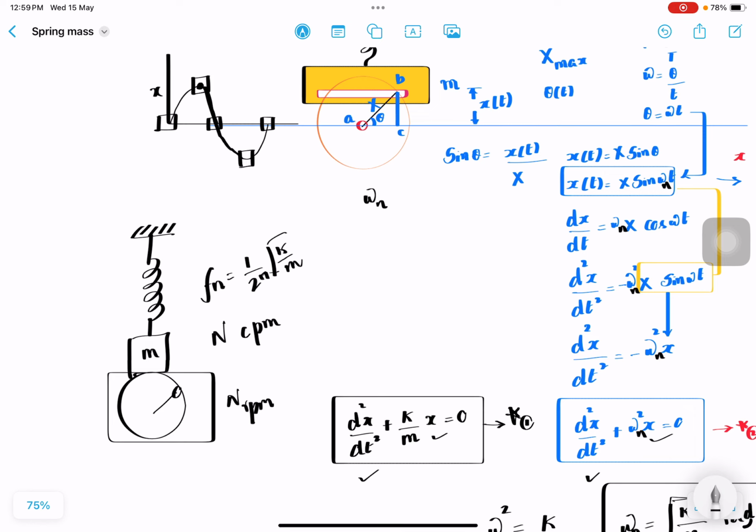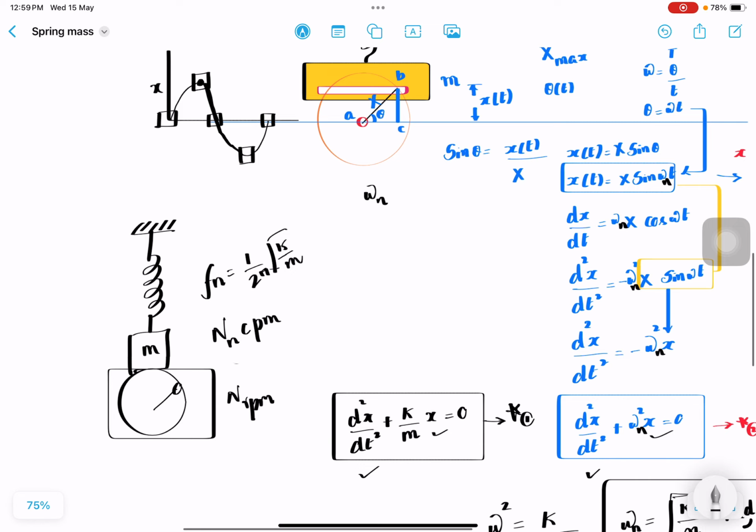So the natural frequency and the forcing frequency of the motor: because it has an eccentric mass and it is rotating at a certain RPM, every time this eccentric mass rotates, it exerts a force. It's a centrifugal force, m into omega squared into r, exerted radially outwards.